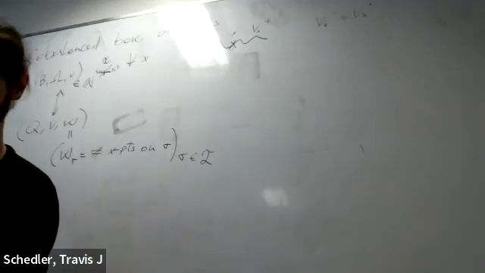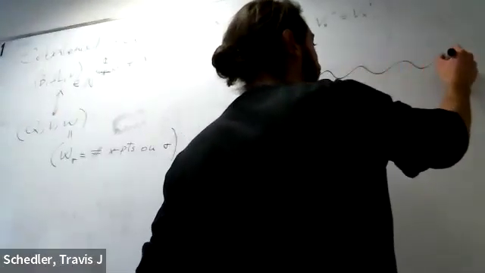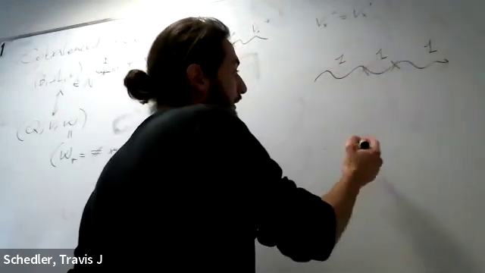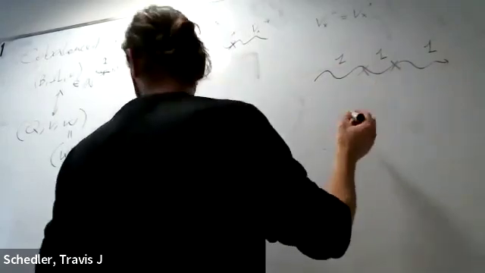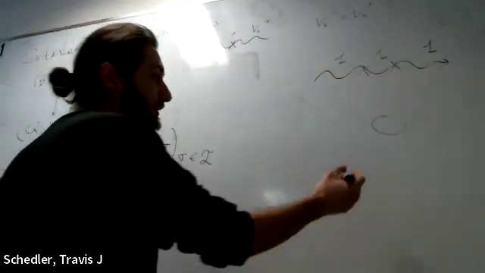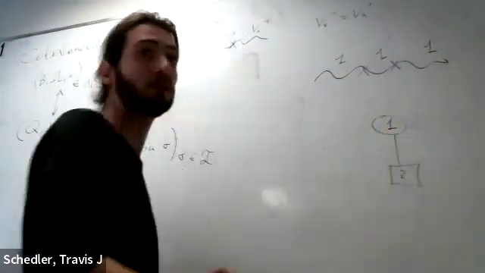So for example, let me consider this cobalanced case. The quiver is just one node, D is 1 and the framing is 2.